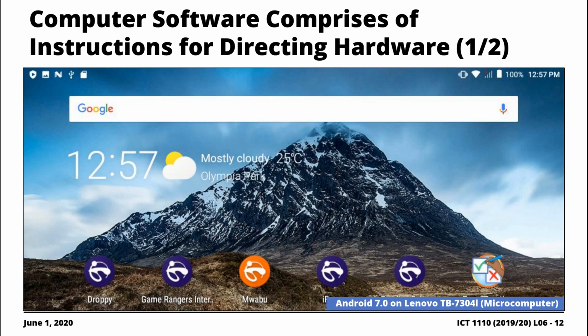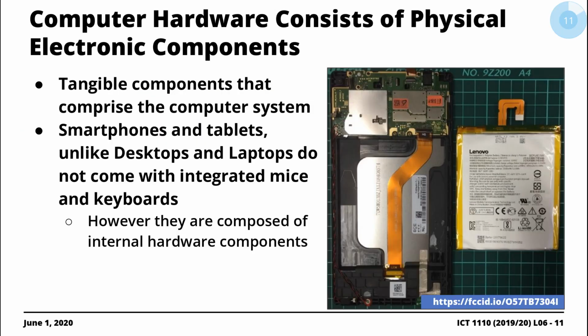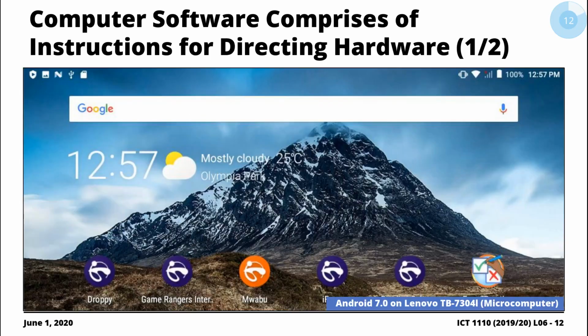So the tangible components are obviously directed to perform some action by computer software, right? Which we've discovered comes in various forms. But fundamentally, it's essentially just two broad categories: application software and system software. And the type of computer software that specifically directs the hardware usually manifests itself in the form of operating system software, right?